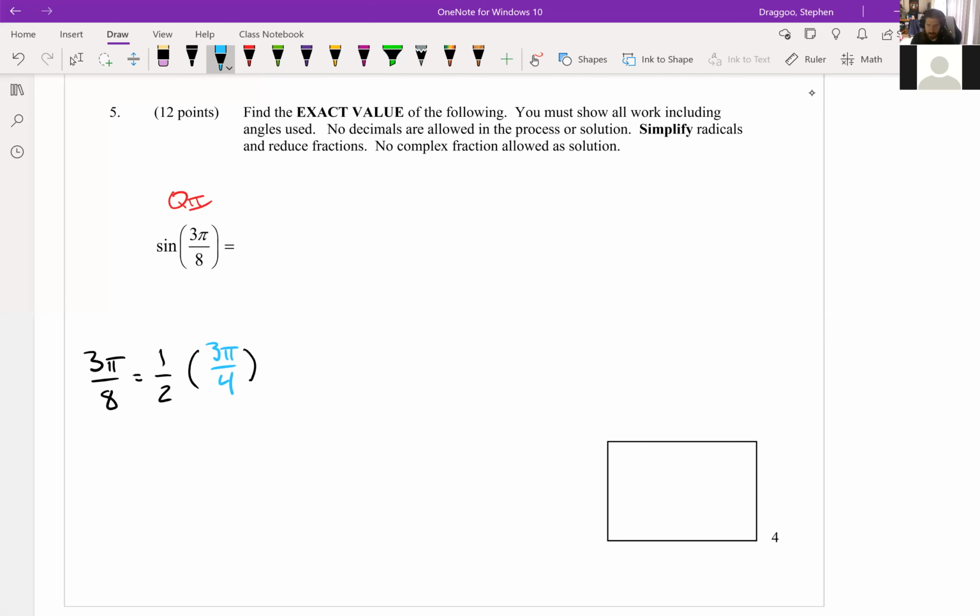So anytime we've got something pi over 8, we're probably going to be looking at a half angle formula. In this case, we're going to want the half angle formula for sine, which is plus or minus the square root of 1 minus the cosine of 3 pi over 4 divided by 2.